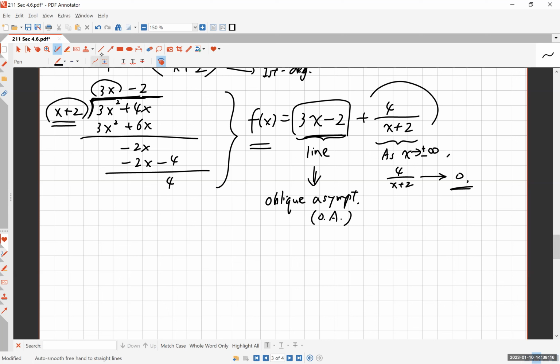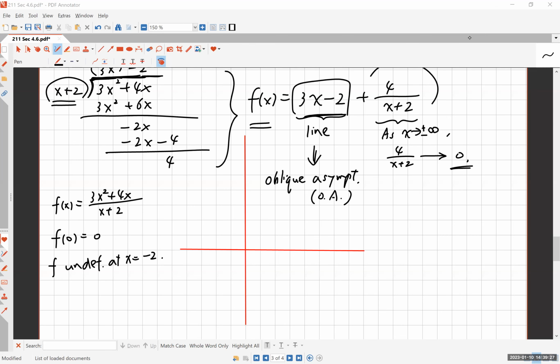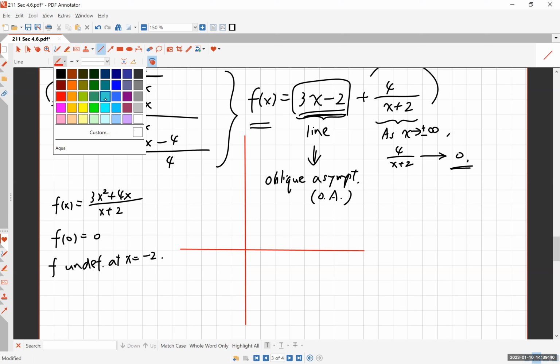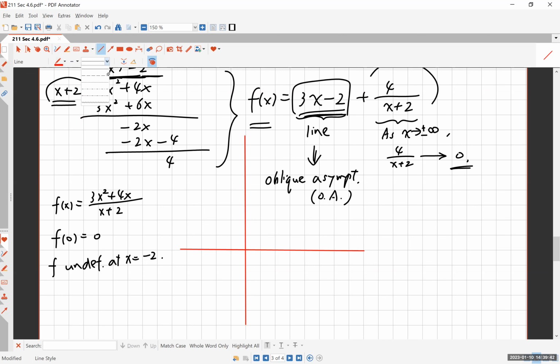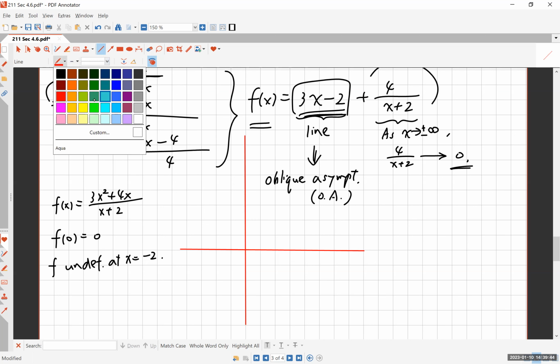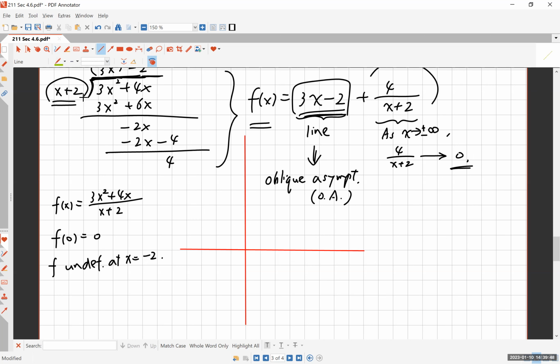So let's try to graph this, okay? Let me draw the axis. Okay, so a couple of observations. I said f gets closer and closer to this line, so this line serves as an oblique asymptote, all right? We can graph that. Let's go ahead and graph that function, and maybe I should use a dotted line, light green maybe, because see, the oblique asymptote is not a part of the graph, right?